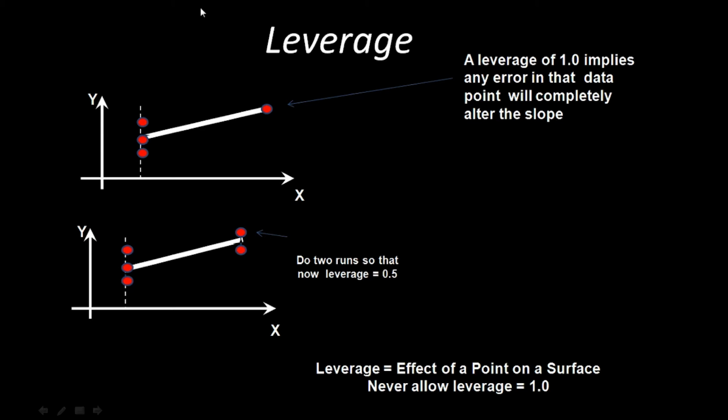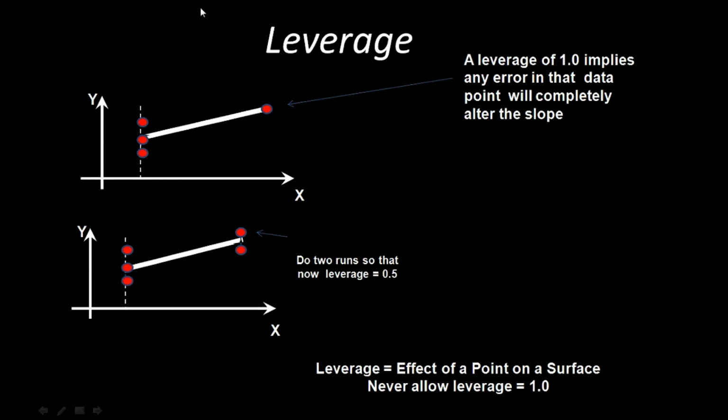You should have at least 1 or 2 points here and here, that means the descriptor values for the compounds should be distributed along rather than all of them clustered at one place and only one far away, because that could be leveraging your entire slope, and the errors in this particular point could completely affect your QSAR.